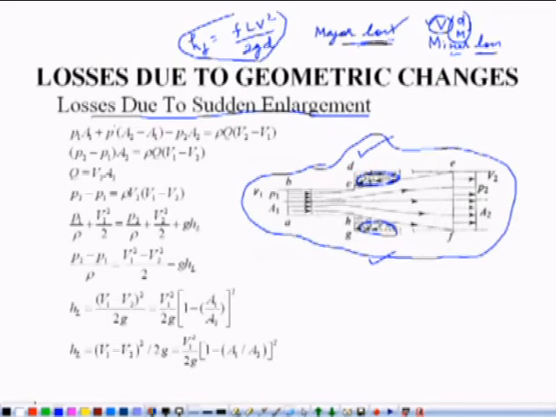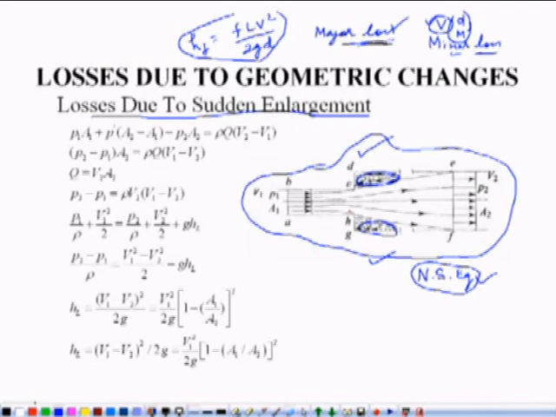To find the head loss due to sudden enlargement, we will have to employ some governing equations. Either we will solve the NS equation, the very famous Navier-Stokes equation, and then find the head loss, or, since we have not discussed the NS equation, another approach.